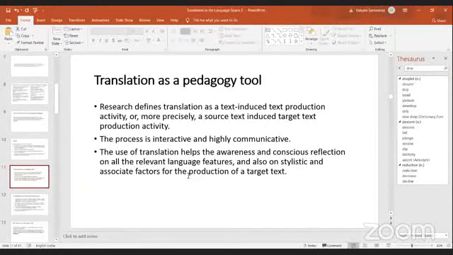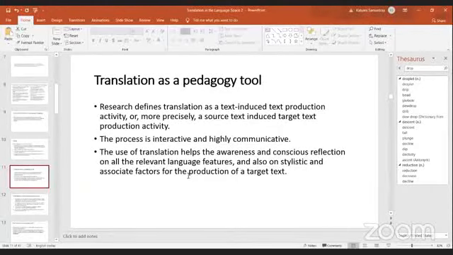So first language resources are used to understand the other language features. First language resources are used as scaffolding for constructing other language sentences or texts. So the role of translation has been there for a long time in other language or foreign language classrooms.